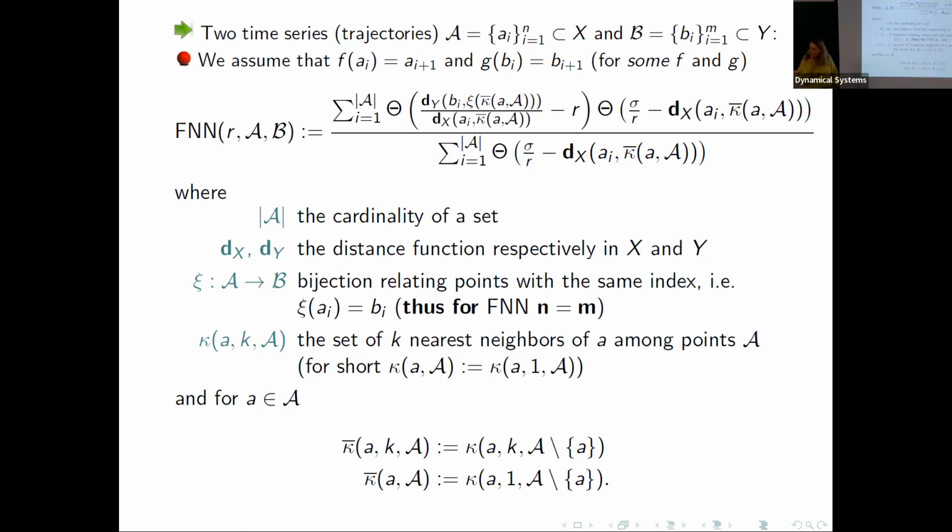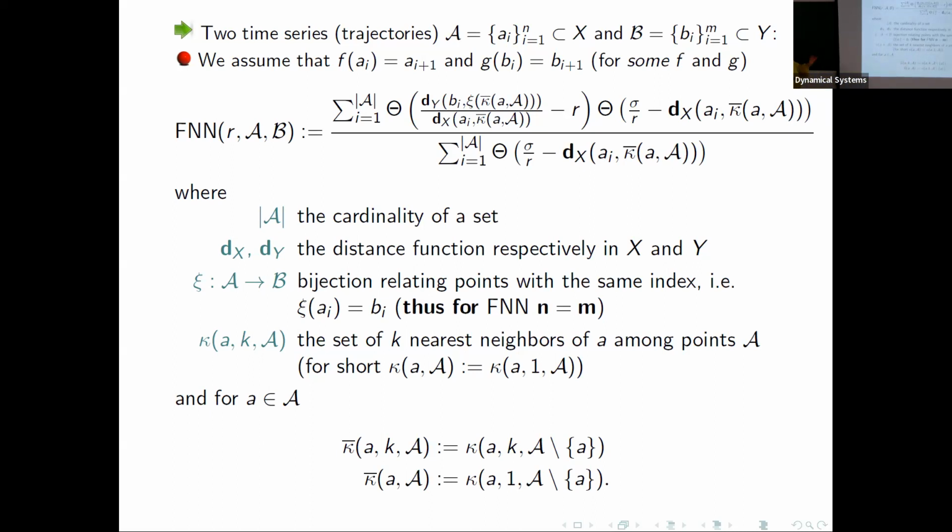Sorry, I'm confused about this function. So kappa is a collection of k points, right? Kappa, yes, you mean here the set of k nearest neighbors. But in this formula we consider the first nearest neighbor, so you just take one.